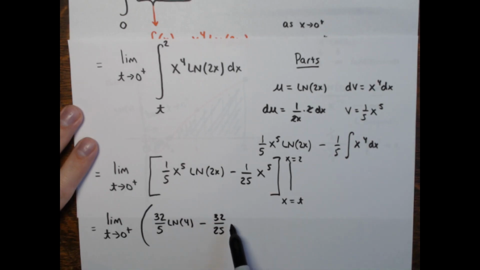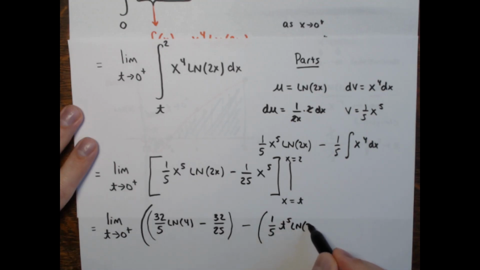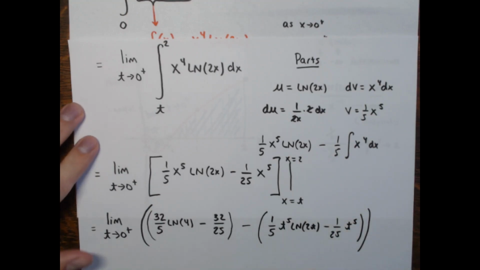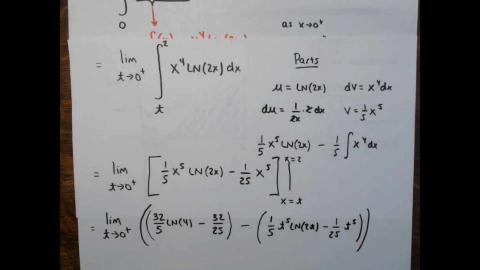Okay, so there's the value at 2. Put in parentheses, that's the value at 2. Minus, and then the value at t would be 1/5 t to the fifth times the natural log of 2t minus 1/25 t to the fifth. All right, we're going to have t approach 0 from the right.